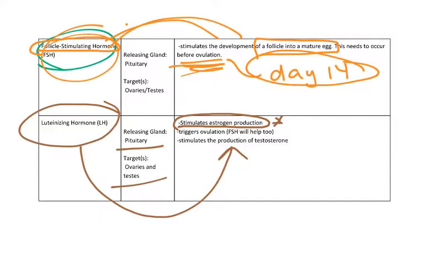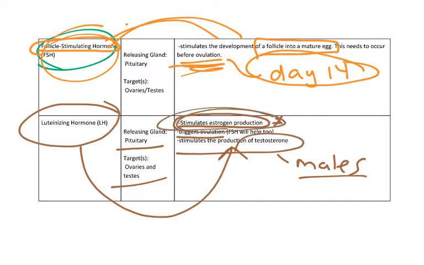In order to produce estrogen, you need to have LH being produced first. LH is also going to help trigger ovulation, and it's also going to stimulate the production of testosterone. This is more related to males, but because it's just a general review of the hormones, I wanted to add that in there as well.